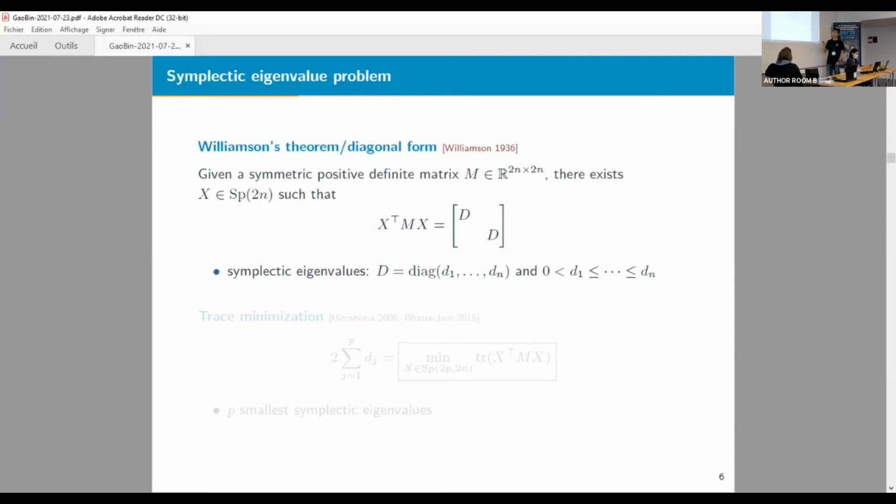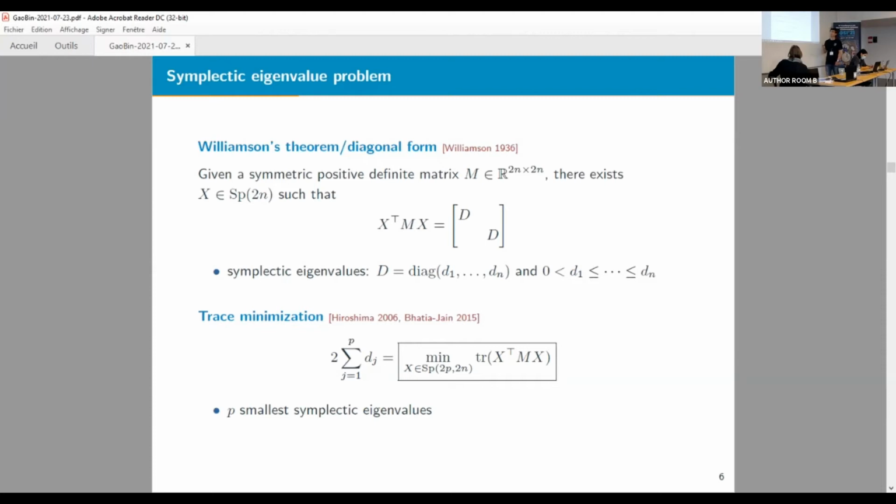The entries of the diagonal matrix are called symplectic eigenvalues. That means it is actually a special kind of eigenvalue problem. We know that any eigenvalue problem can be transformed into a trace minimization problem, so we minimize this trace operator with this quadratic function, and then we can find the eigenvalues, the solution of this eigenvalue problem.